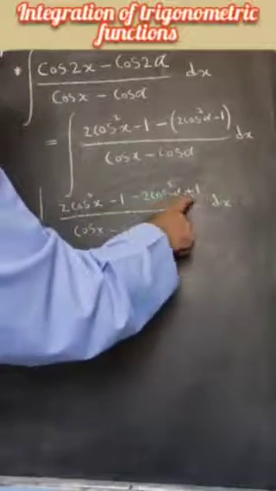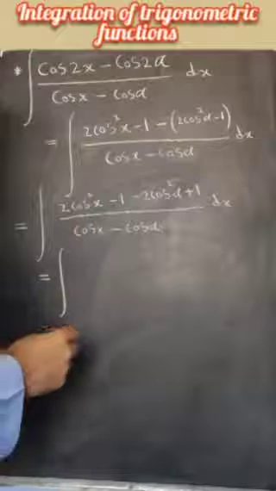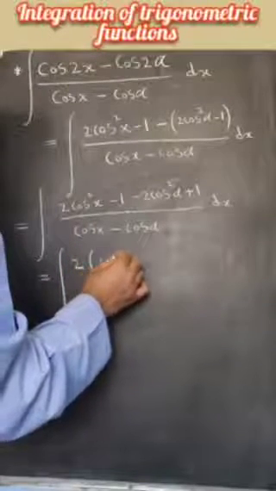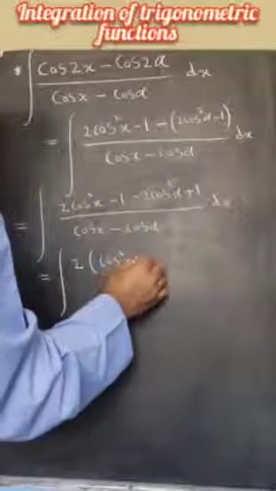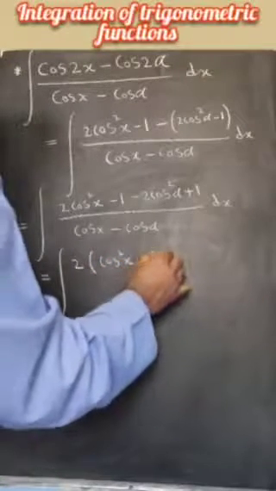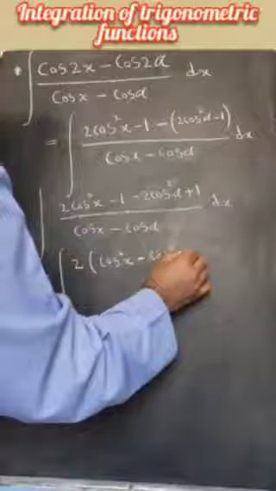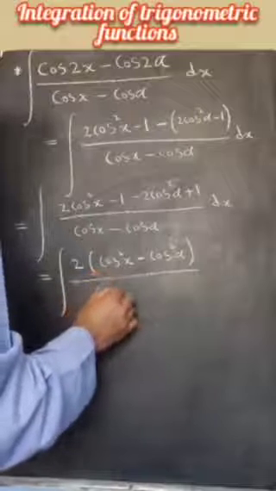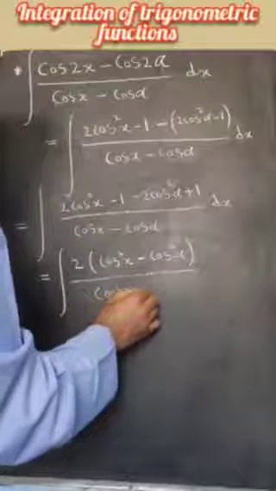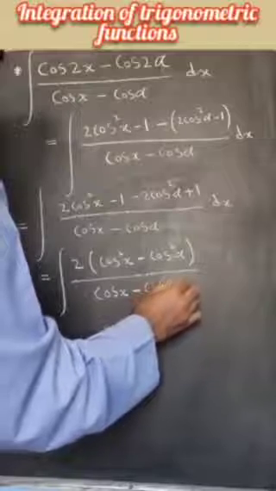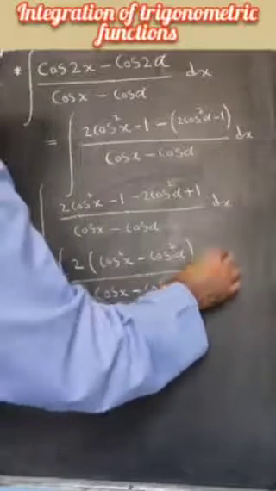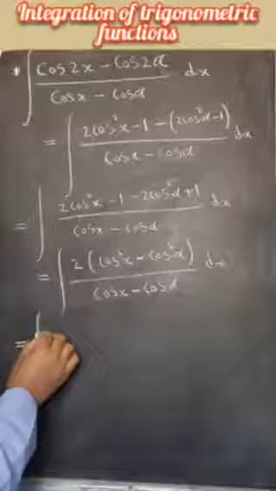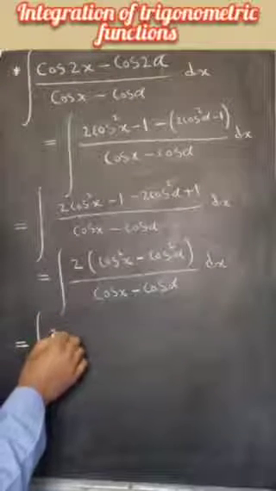Now here plus 1 minus 1 cancels, so we get 2 times cosine square x minus cosine square alpha divided by cosine of x minus cosine of alpha dx.